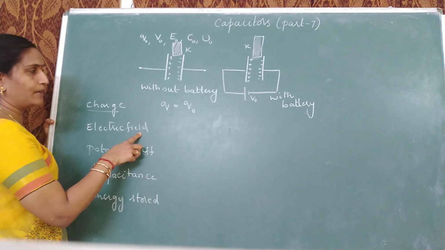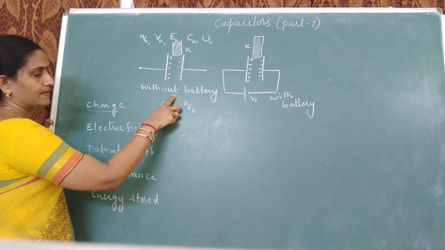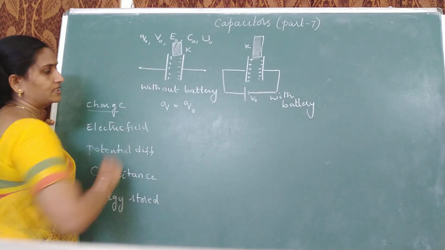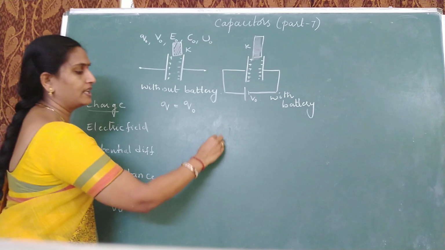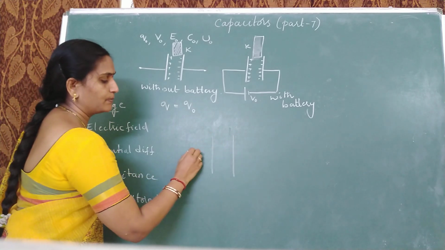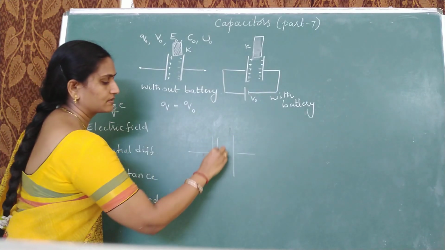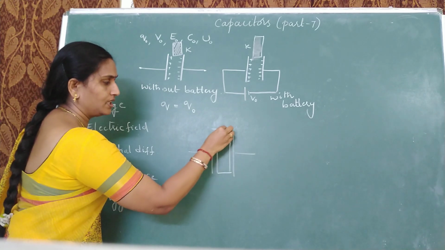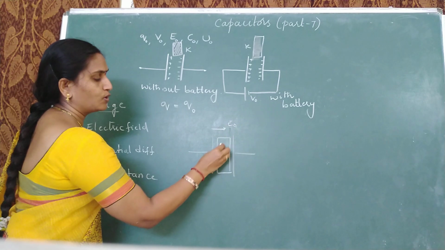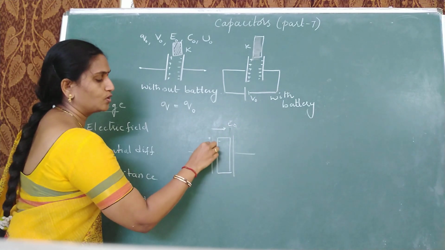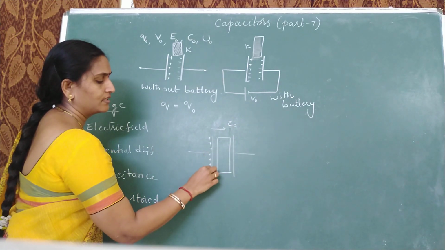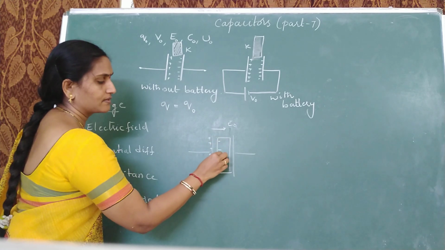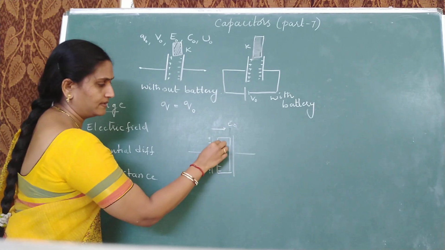Now let us see what would happen to the electric field in the first case. When you introduce a dielectric slab, I have already told you, between the plates of a capacitor, or between two parallel plates with electric field E naught, if you keep a dielectric, towards the positive plate a negative charge is induced due to polarization.